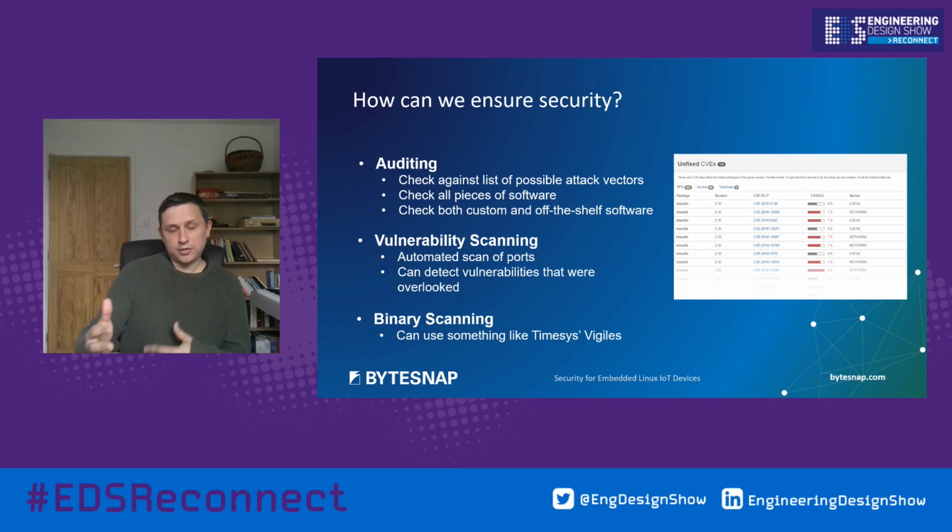Then there's a step further where you can do something called binary scanning, which will scan everything during the build of the BSP and generate a report of known vulnerabilities and exposures present in your software. You can then decide where you need to upgrade to a more recent and secure release.